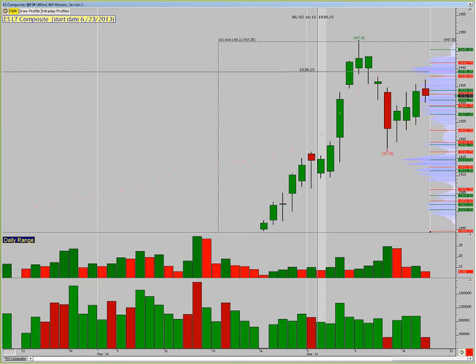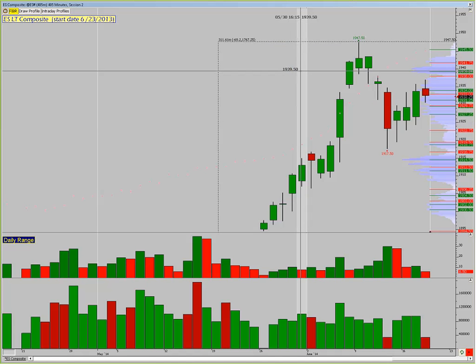I don't see personally, but hey, what do I know? Anything can happen. I don't see personally any reason why the Fed would have an increase in quantitative easing.